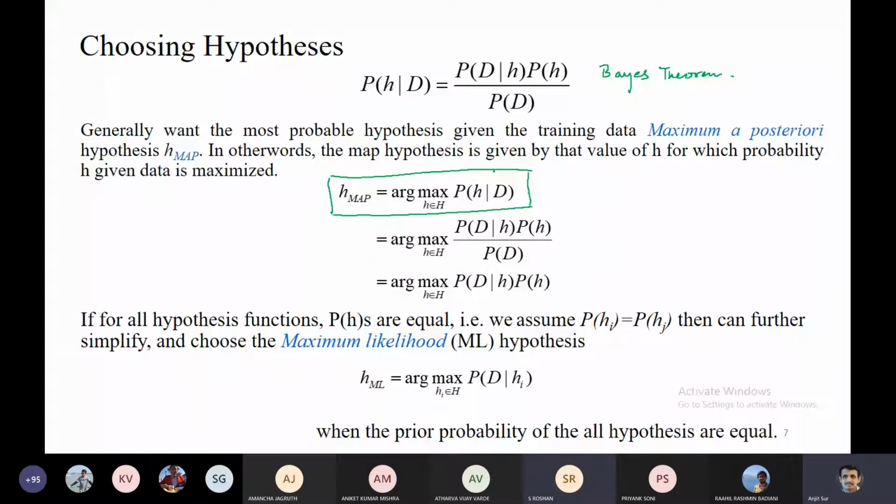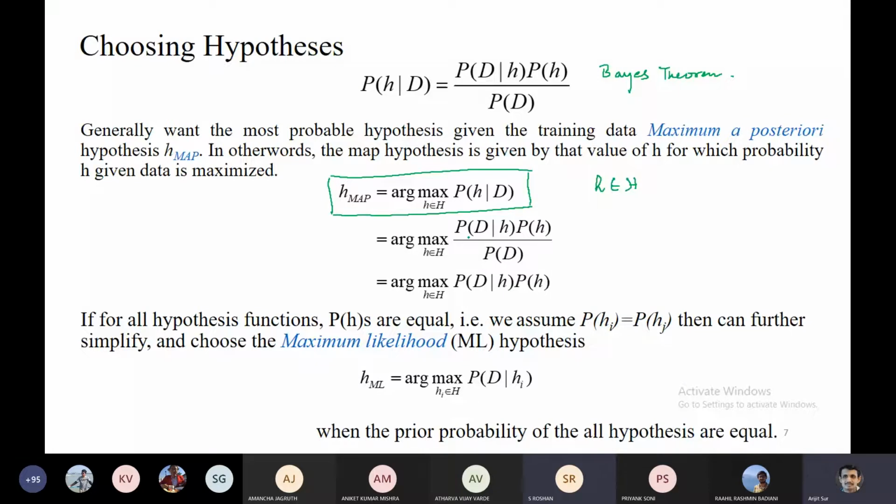In the case of linear regression with a parametric model, we can use a probability value. This hypothesis function has the maximum probability given the data, and definitely this hypothesis function H belongs to our hypothesis space.